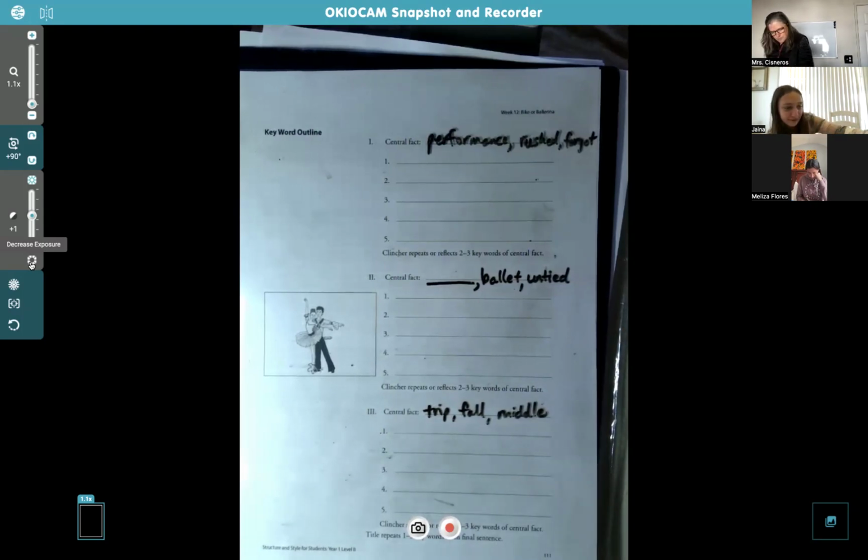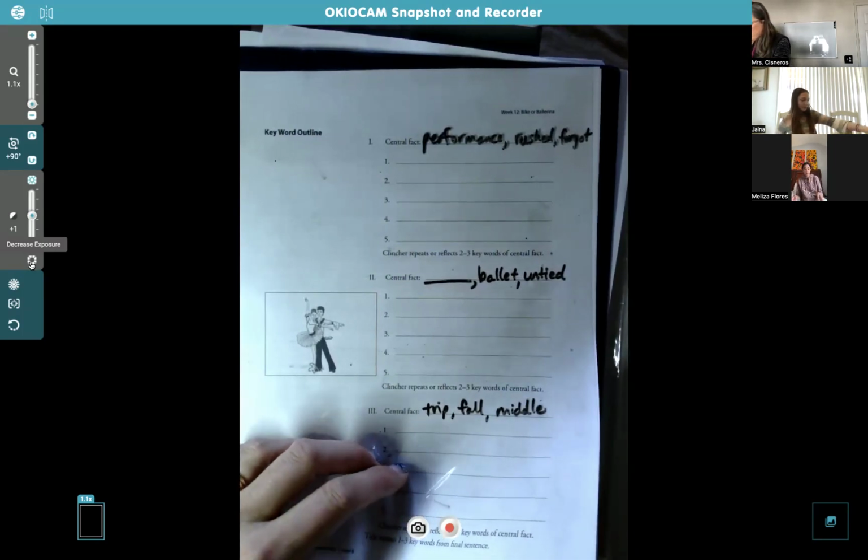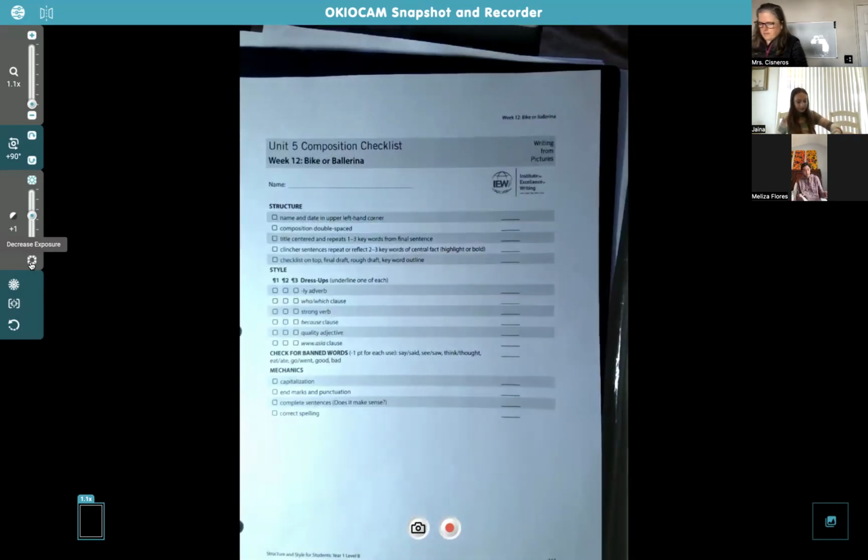Let me check something really quick. So the checklist I want you to use is going to be the last one, which is here, on page 113. This is the checklist I want you to use no matter what picture you guys write about.